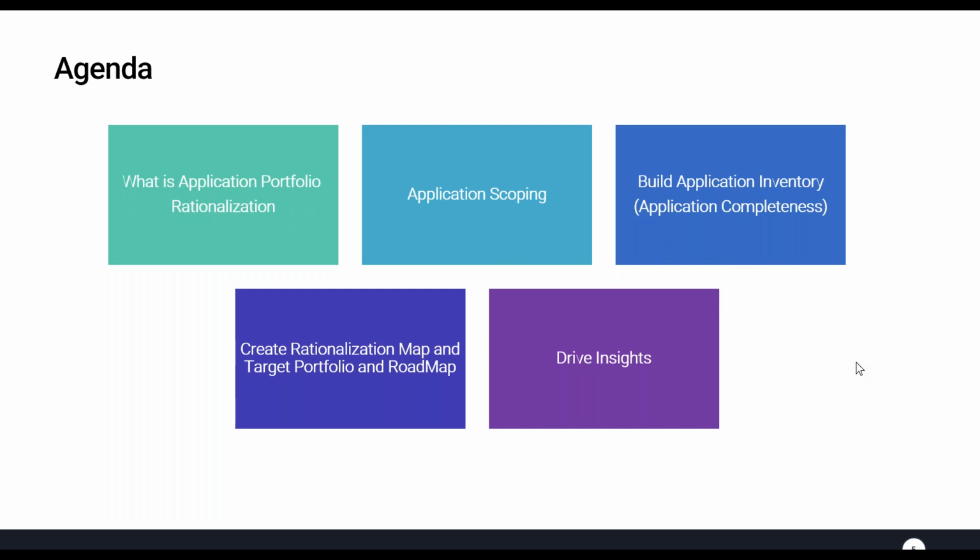And we'll be using Enterprise Architect and Prolaborate extensively to see how we can achieve some of the objectives as stated in this. And then we'll also see how a setup like this with a living and breathing repository powered by reports and dashboards will help us drive some meaningful insights as a result of this exercise.